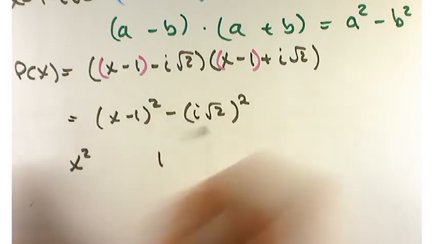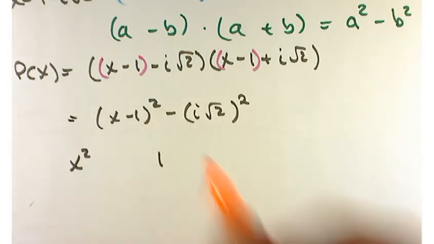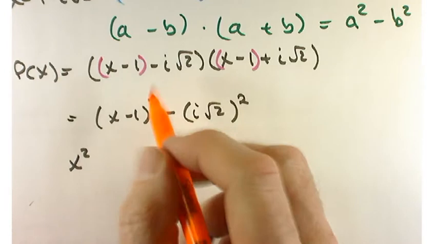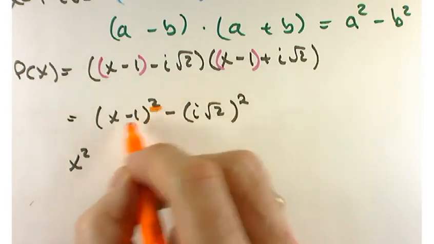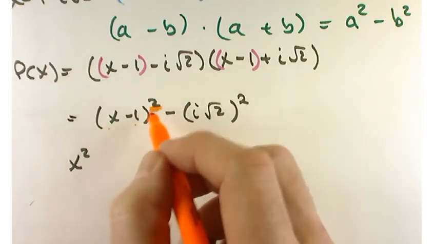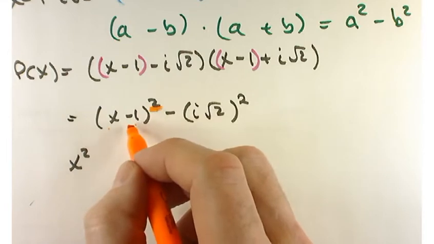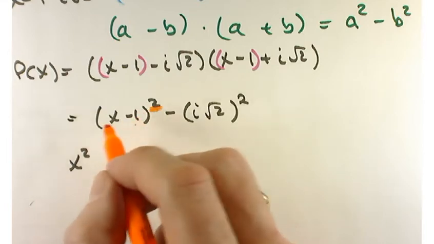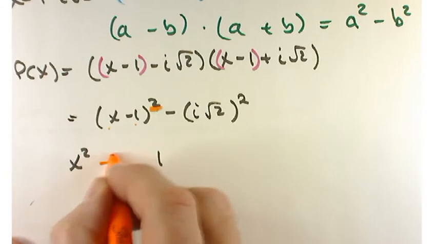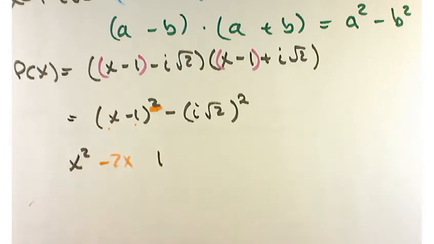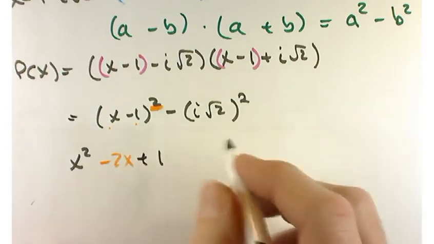The middle term, I always borrow this exponent here, just for visual. This times this times this. 2 times negative 1 is negative 2. Negative 2x. So the middle term is negative 2x. Oh, okay. So again, work smarter, not harder.